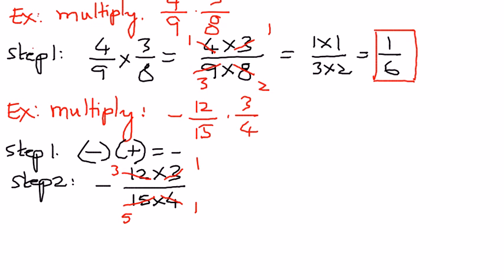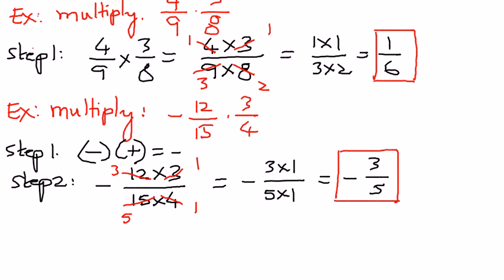So we can write this as, the negative sign stays outside, 3 times 1 in the numerator and 5 times 1 in the denominator. So we can write all of this together as 3 times 1 is 3, divided by 5 times 1 is 5. So our answer is negative 3 over 5. Negative 3 over 5, and that is where we want to leave it.